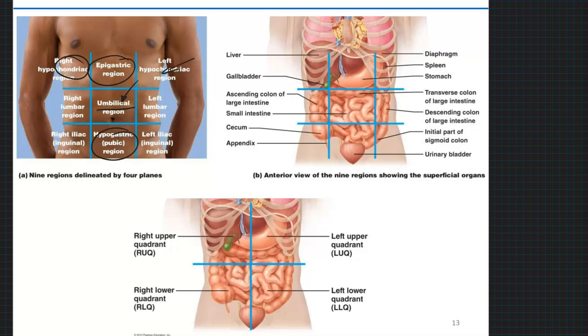Hypochondriac: chondros refers to cartilage. Right about here, you have a huge costal cartilage that connects your ribs to your sternum, okay?